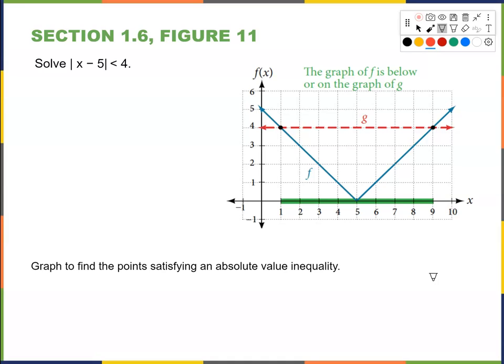Next example. Absolute value of x minus 5 less than 4. To write this and solve for x. So x minus 5 is equal to 4 and x minus 5 is equal to negative 4.